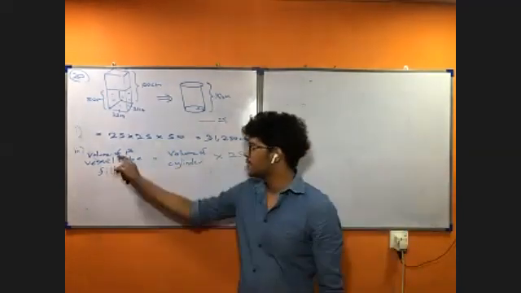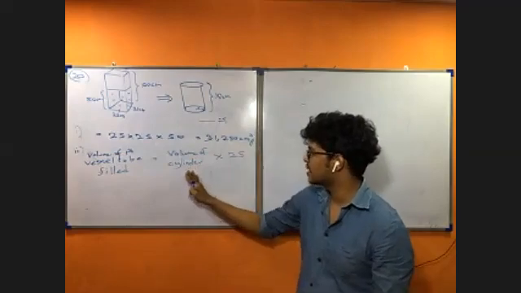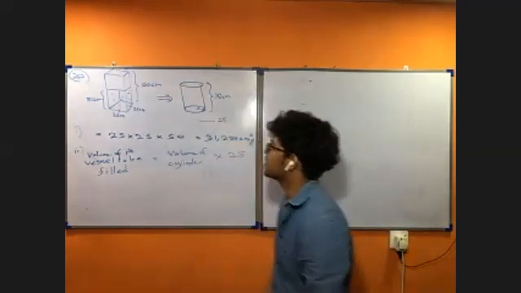Volume of first vessel to be filled is this much, so the volume of the cylinder is this much. So 25 of them will fill exactly the vessel, right?